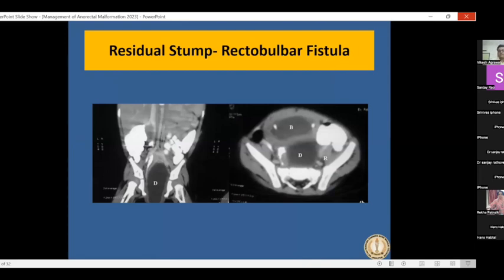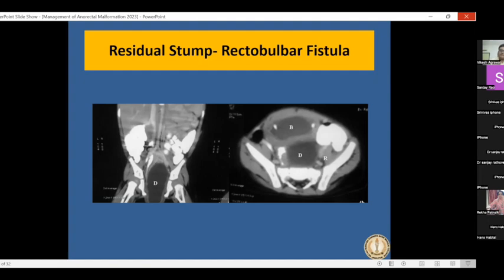This is one case in which I did laparoscopic anorectoplasty for a rectobulbar fistula around 2011 or 12. When we retrospectively reviewed the video, not much of a stump was left. But later on, the patient developed a big diverticulum connected with the bladder, which was a residual stump that enlarged gradually in size.